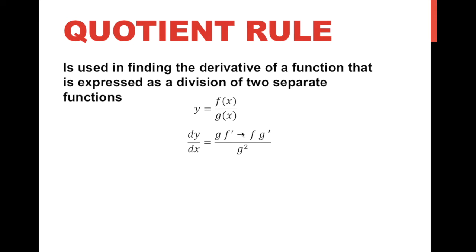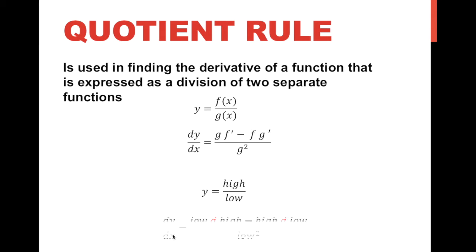Now, since the operation in the numerator is subtraction, the order matters. So you have to be careful that the first term here must be g times f prime. To be guided in this, you can use this mnemonic: y is equal to high over low. So high is the numerator and low is the denominator.